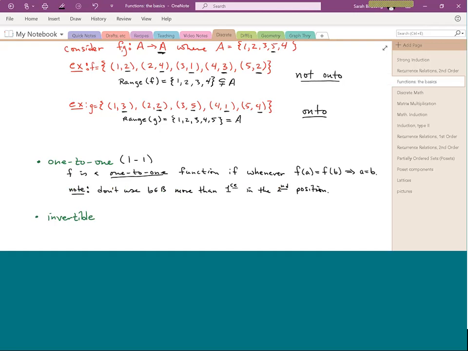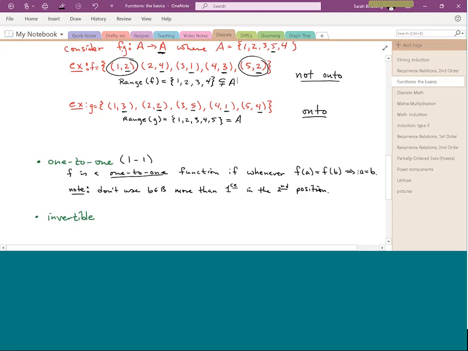Okay. So if we looked back at our same two examples that we had before, notice we can also check if these guys are one-to-one or on the same functions. So for example, for this one here, what happens? If you've got matching things, notice here we've got 1, 2, and 5, 2. The second positions match. That would tell you that f of 1 equals f of 5. Okay?